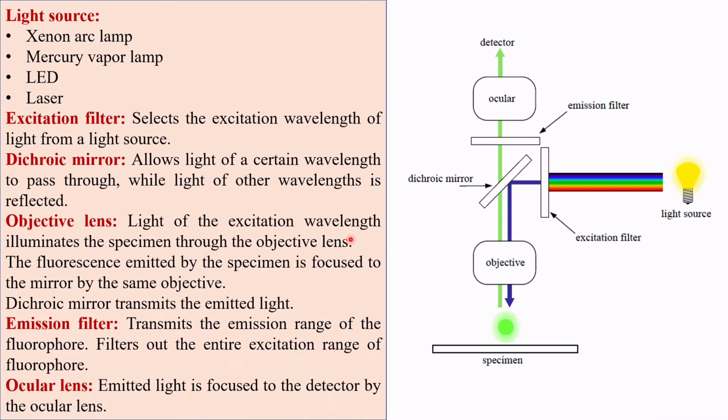Now, a xenon arc lamp or mercury vapor lamp is commonly used as a light source, although LEDs and lasers are used in recent advanced microscopes.